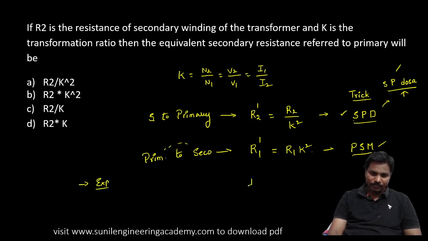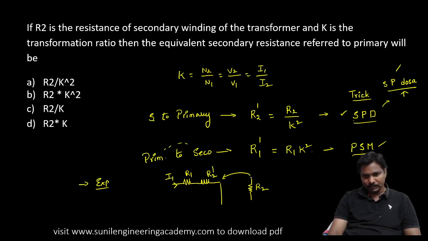Whenever the secondary resistance R2 comes to the primary, where R1 is already there, we have to make it R2 dash. In the primary the current flowing is I1. In the secondary the current flowing is I2.